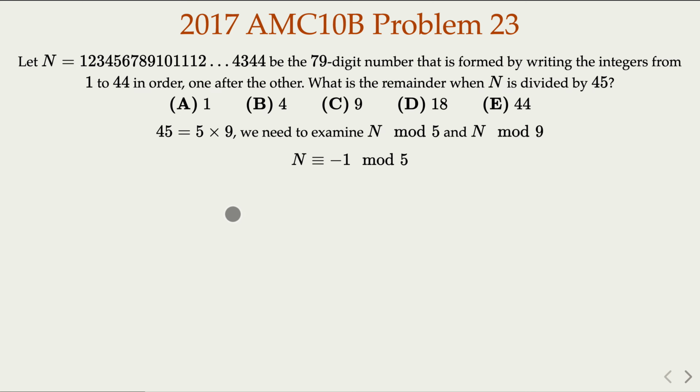For the 9, you can add the number up. You can add 1 plus 2 plus 3 plus 4 plus 4. Here you plus 43 and 44, right? So it is congruent to the sum of those numbers. You don't have to sum individual digits, because if you try to add individual digits, it may be more tedious.